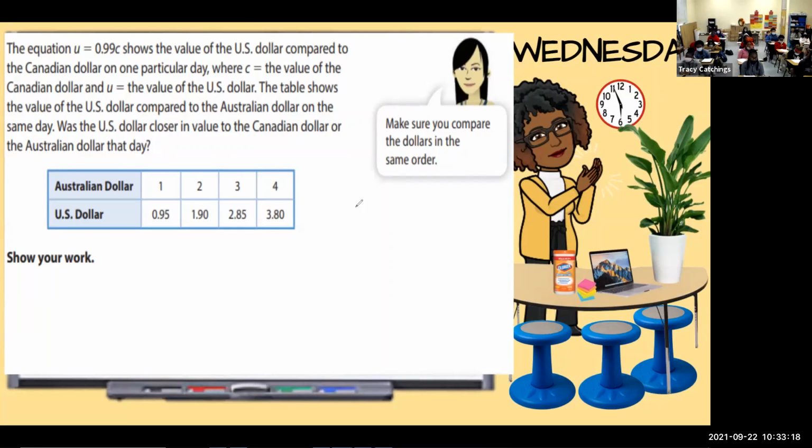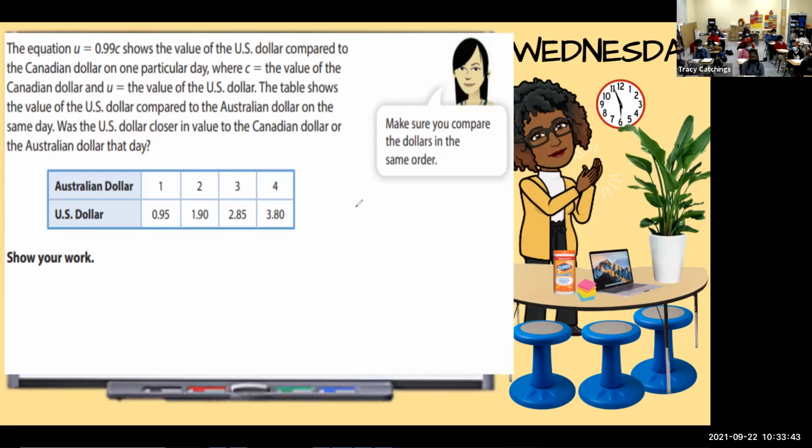All right, so it says the equation U equals 0.99C shows the value of the US dollar compared to the Canadian dollar on one particular day. C is the value of the Canadian dollar, U is the US dollar. The table shows the value of the US dollar compared to the Australian dollar on the same day. Was the US dollar closer in value to the Canadian dollar or the Australian dollar that day? The Canadian dollar.